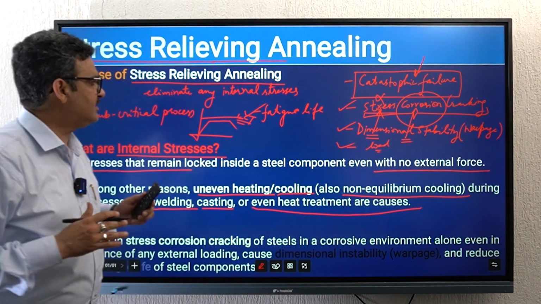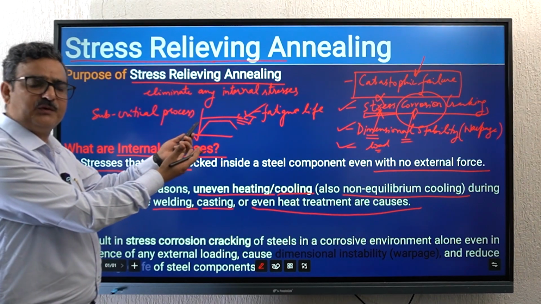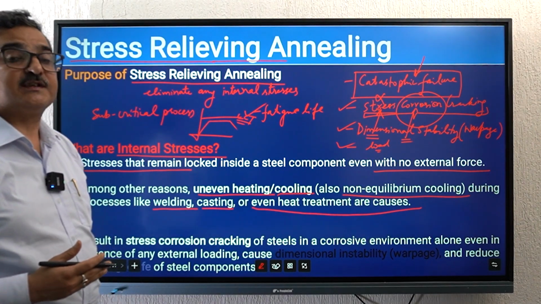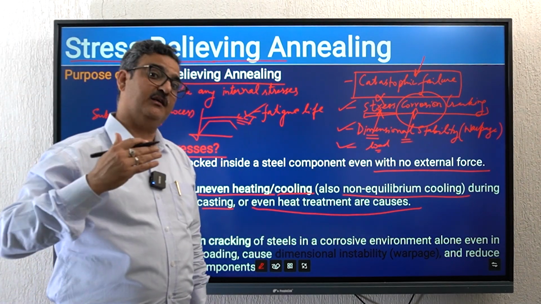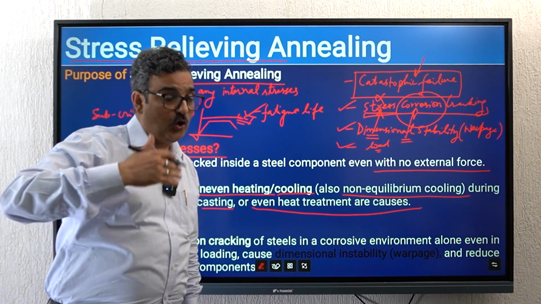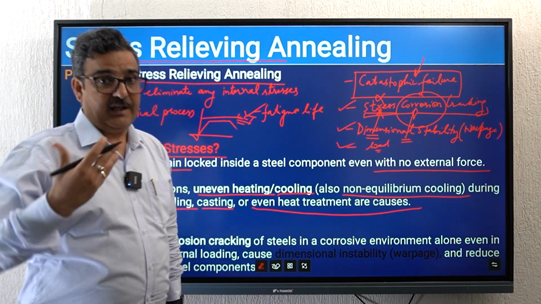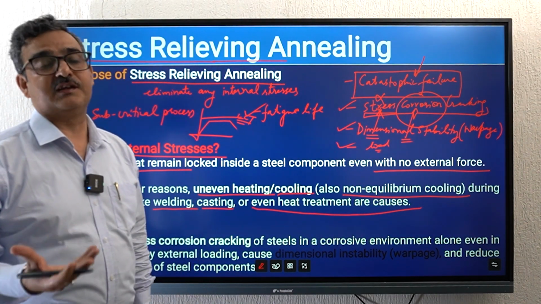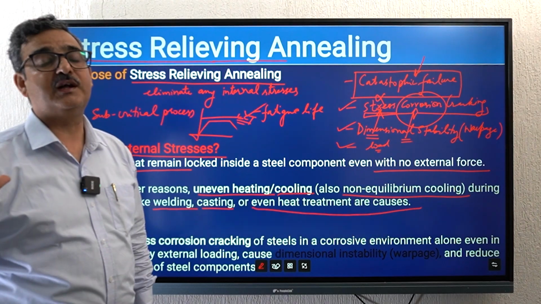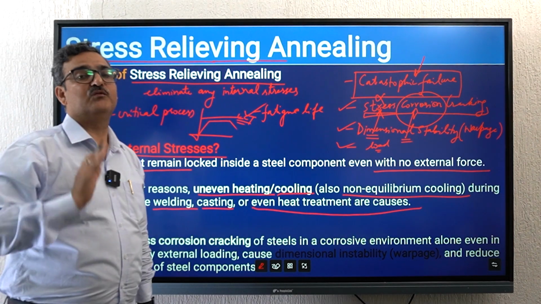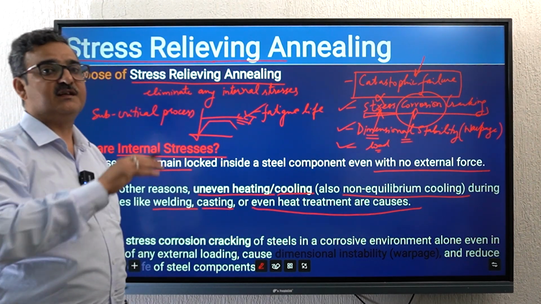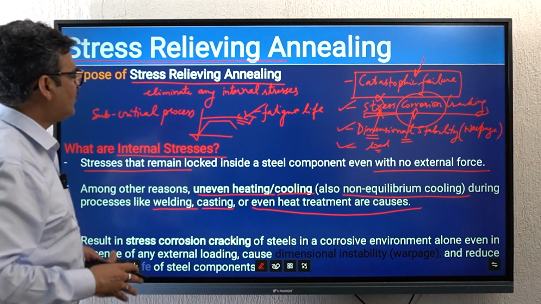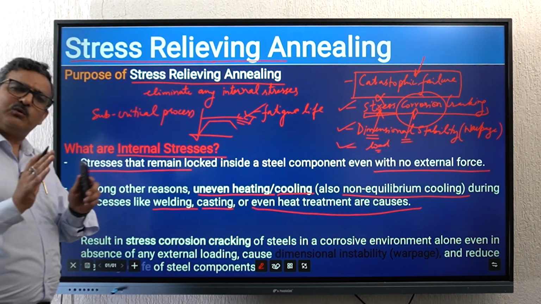We know that our components are containing residual stresses because of non-uniform heating, non-uniform cooling, non-equilibrium cooling. Lack of diffusion has occurred because of all this. The diffusion process was not able to get completed when heating or cooling was being done, and that trapped these internal stresses in the material. So we do not require any phase change.